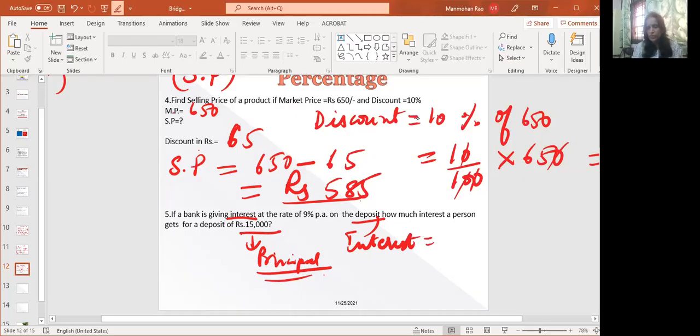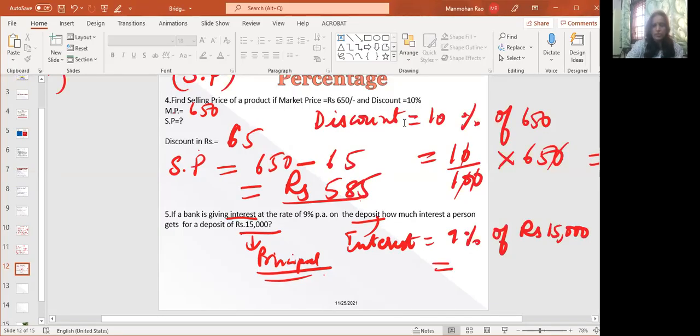Interest is the extra money apart from the principal which you get from the bank, a financial institution, or wherever you are investing. So 9% interest is calculated on the deposit: 9% of rupees 15,000. It is a simple problem.